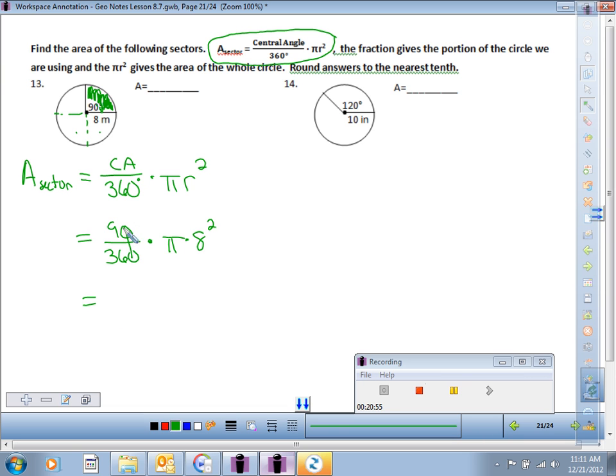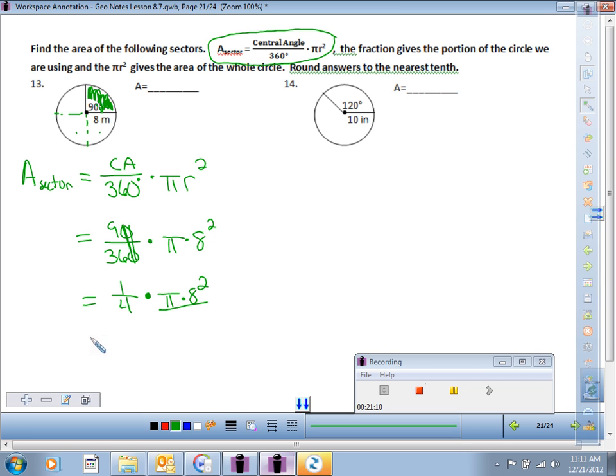What does this fraction simplify to? That fraction simplifies to 1/4 of, if you guys remember what of means from algebra, of means times, the area of a circle. Okay, so we are taking 1/4 of the area of that circle. Well, now what we can do is we can throw this in our calculator.